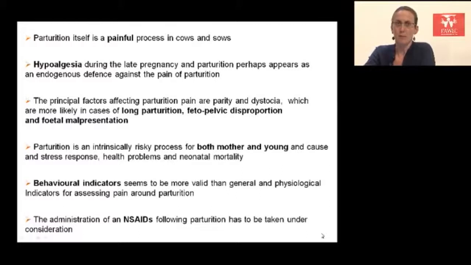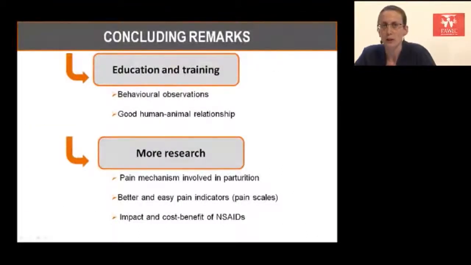So my last point, and also in order to try to give you some ideas, I would like to remark on two important points. The first one is education and training. We think that it's very important that veterinarians and producers increase their knowledge of the different indicators, for example, of pain, or the different management.